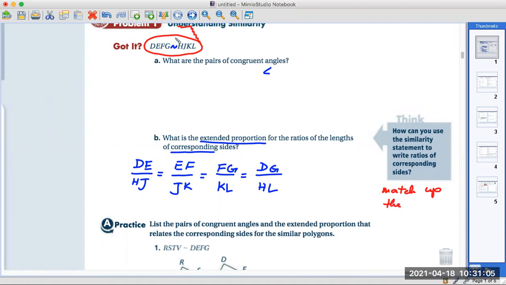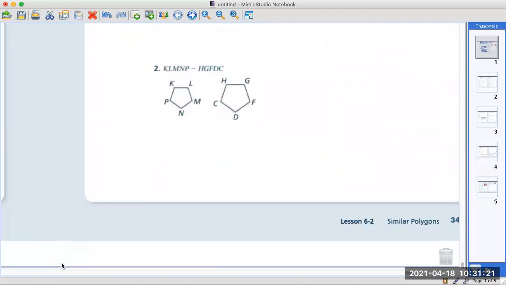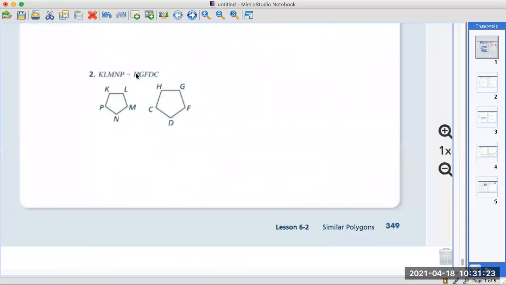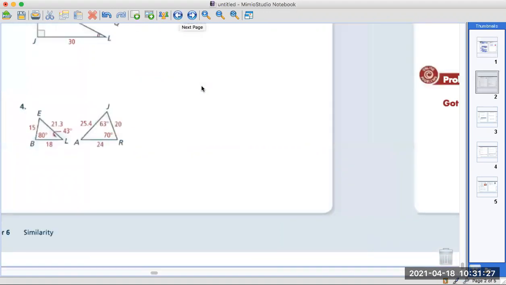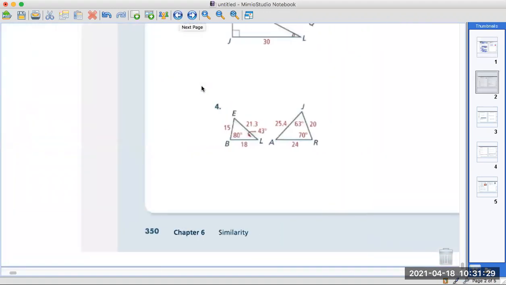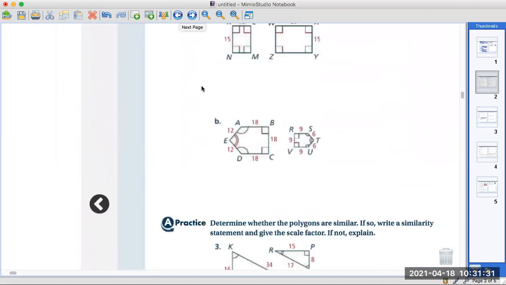So when you have this statement, it's easy to say which ones are the corresponding parts. Okay, so on this page, we're done. That was page 349. We're moving on to 350. And let's go to the top.